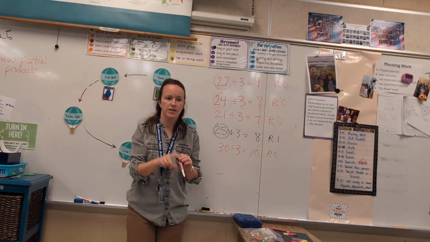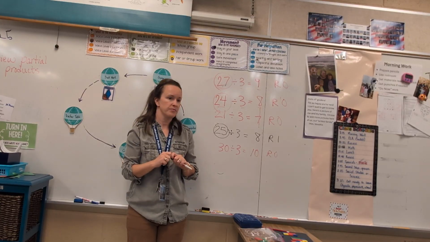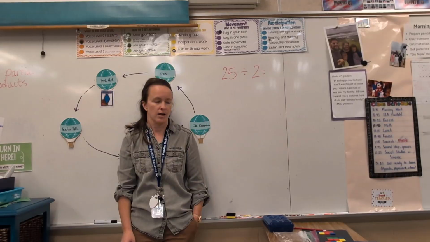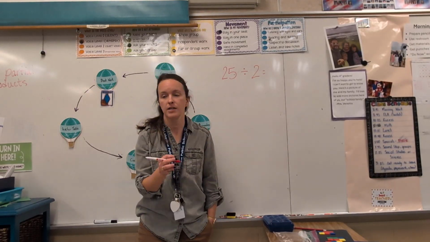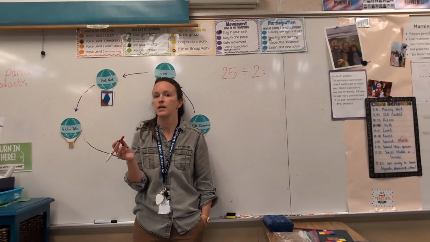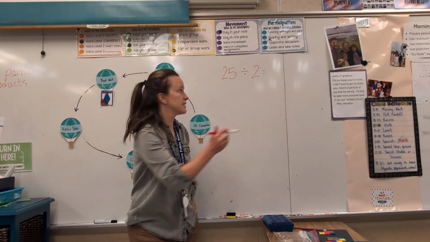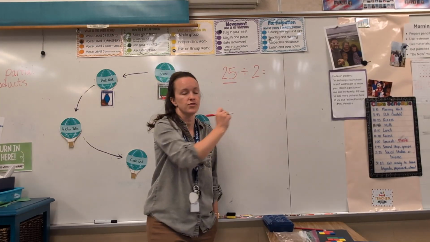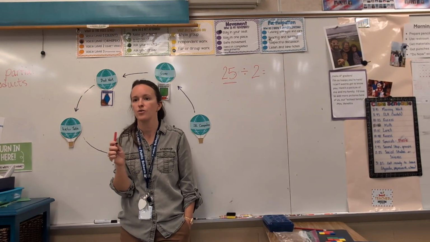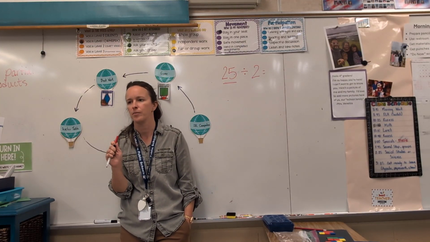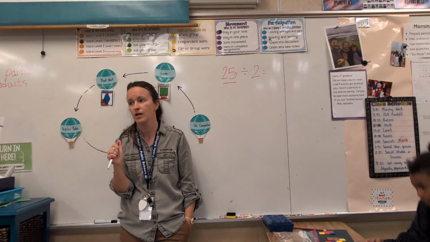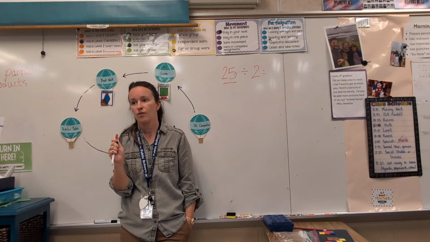Okay, can you pause the video for a second? Okay, so what if he did groups of 2? Let's say he wants to put everybody in his class, now that you know he has 25 students, into groups of 2. How many would be in each group? Would he have any left over? How do you know?